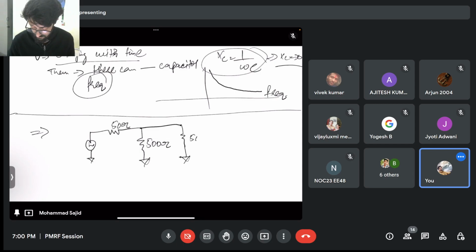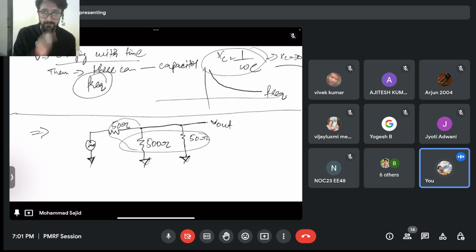Now you have to find this voltage. So this is an AC equivalent circuit, right? You short the DC voltage, or you ground it, and now it is easy. This is in parallel, then this is in series, so you can do this question now.